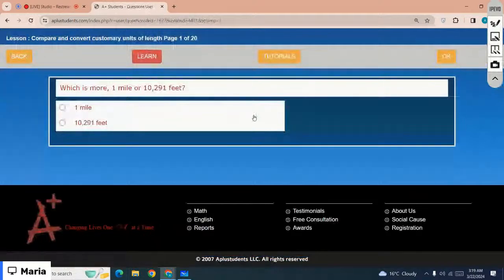Which is more, 1 mile or 10,291 feet? Which is the correct option?